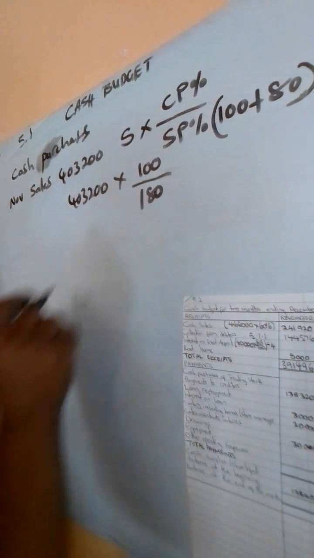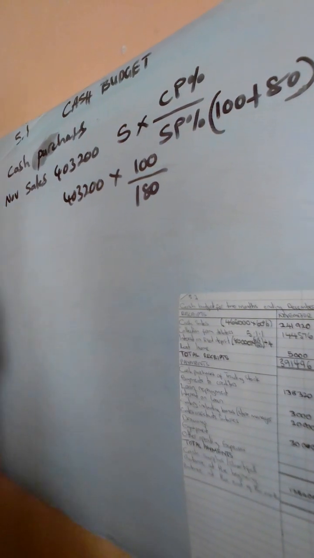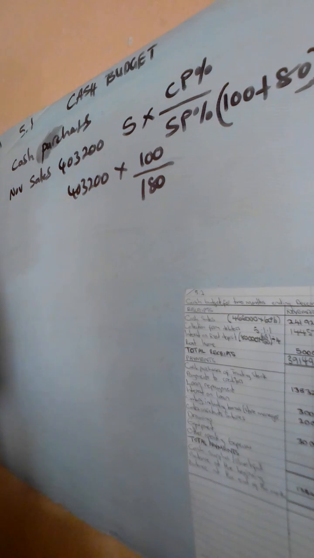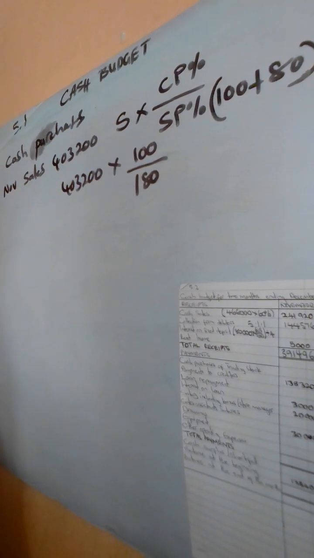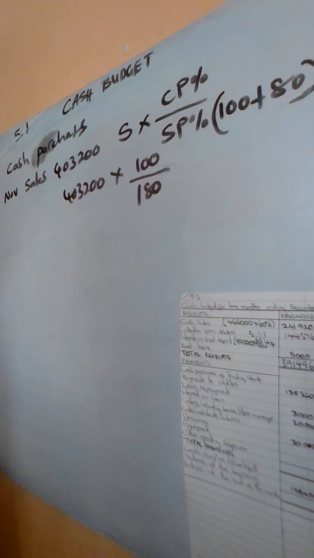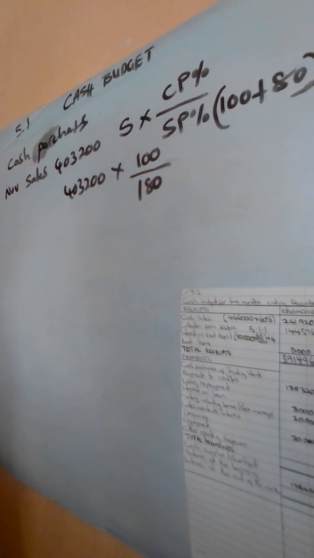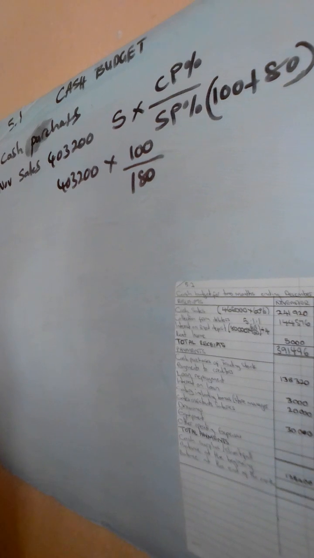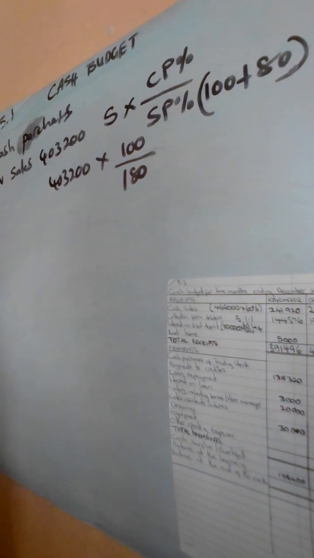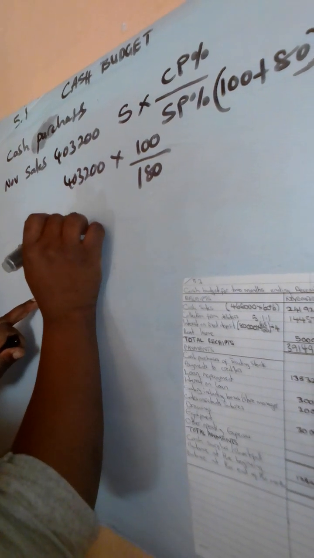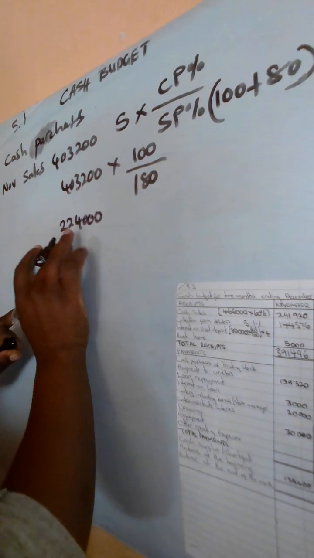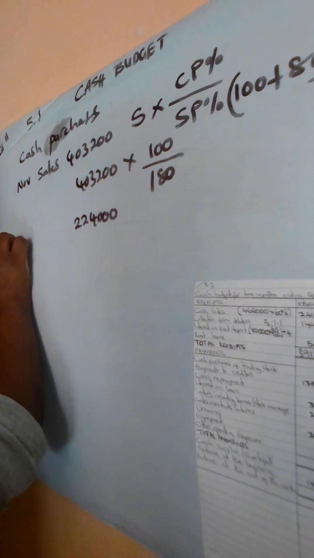So 100 over 180 times 403,200, how much are we going to get? Let me go to my calculator. For November, it gives me 224,000.